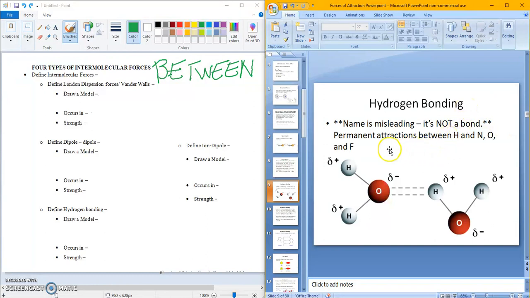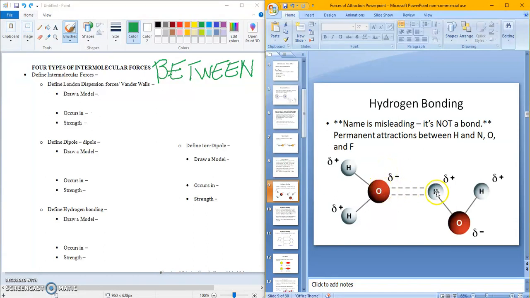Now, this attraction occurs between polar molecules that have a nitrogen, an oxygen, or a fluorine, and they're attracted to a hydrogen. So if I look at water, water is the key example for hydrogen bonding. Oxygen is attached to a hydrogen, and because hydrogen is so little, oxygen can grab much more of the electrons, so it makes this delta negative charge really strong.